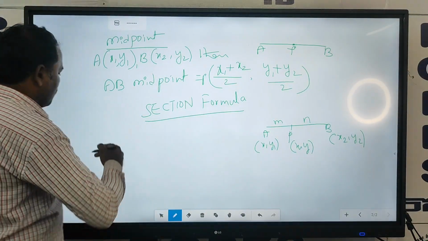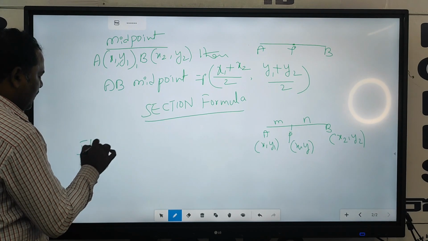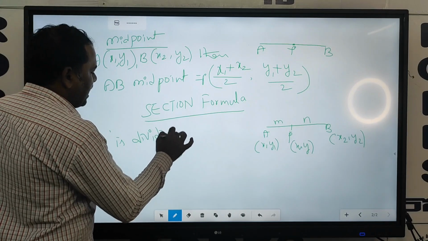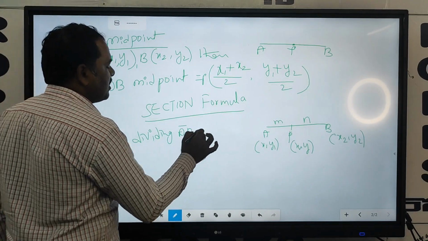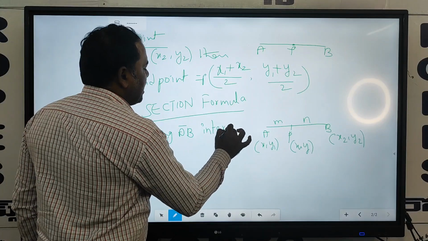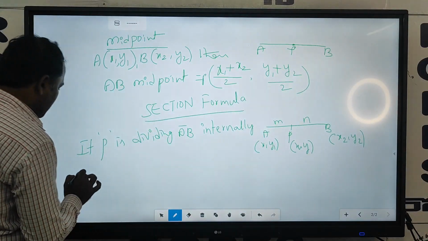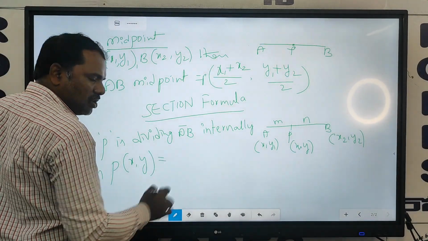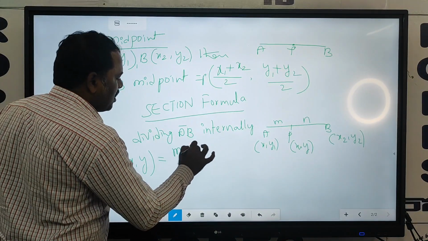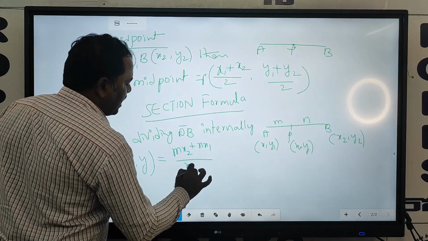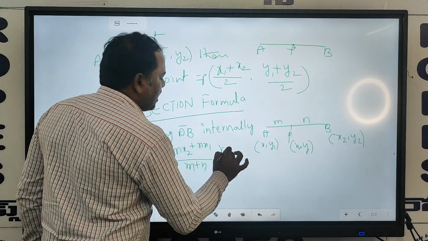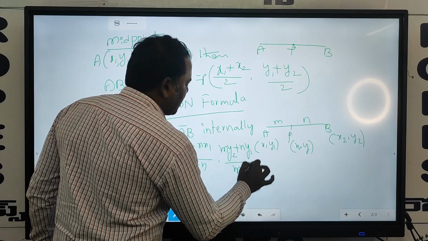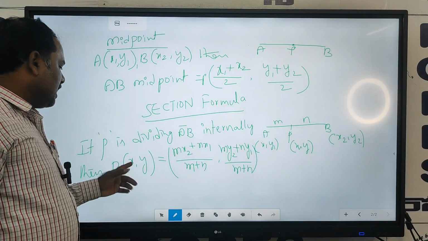If P is dividing the AB line segment internally, then P(x, y) is equal to ((mx2 plus nx1) by (m plus n), (my2 plus ny1) by (m plus n)). This is the formula to find the point P.